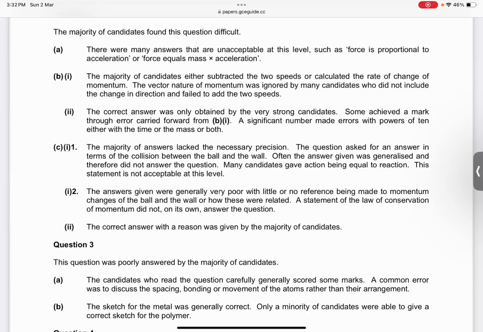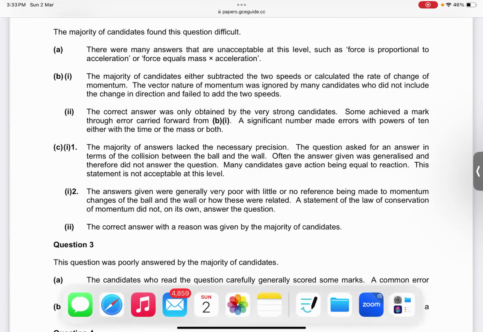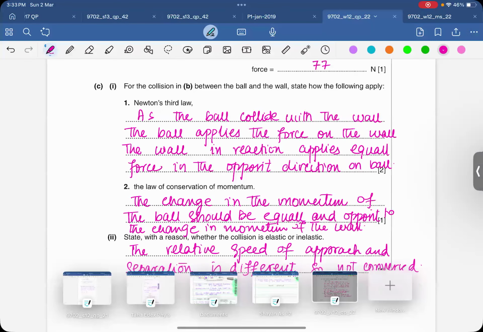You have to relate the momentum in this type of scenario. Wherever Newton's third law applies, conservation of momentum will also apply. The correct answer with the reason was given by the majority of candidates where they were asking for the elasticity. Okay, let's move on to the third question.